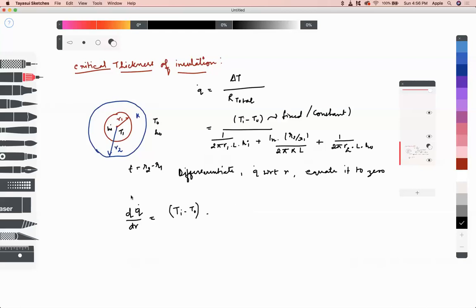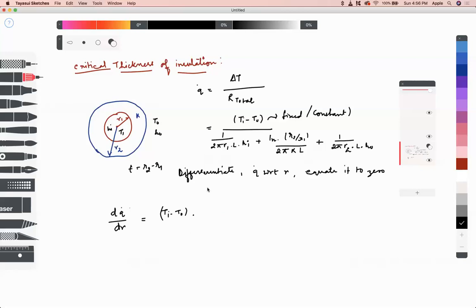So here we will differentiate, and this will be Ti minus T naught, and here this is the u by v form of differentiation.